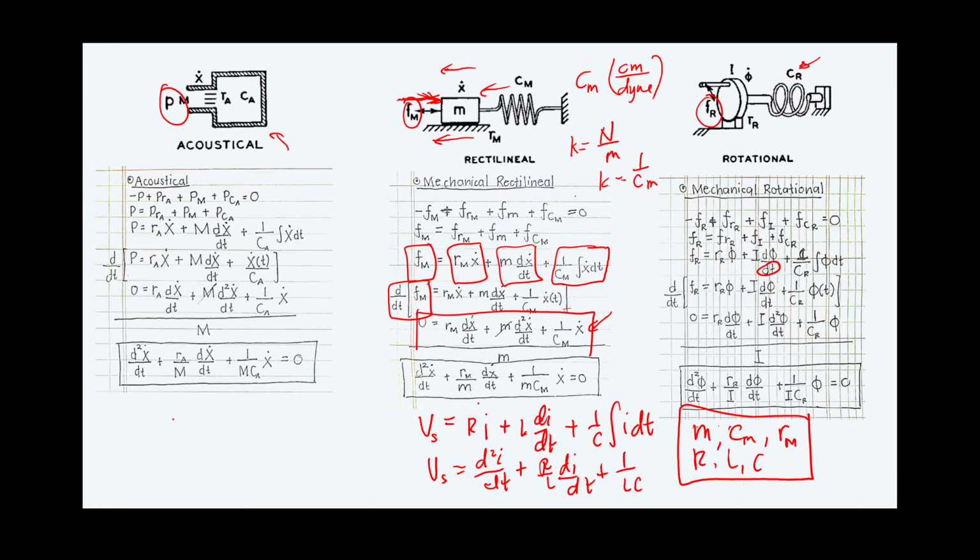That's why in the book we use Fm e to the j wt, which is actually the same as Fm cosine wt. If you remember the transformation, e to the j theta is equal to cosine theta. So if you have 2 here, you have 2 cosine theta.